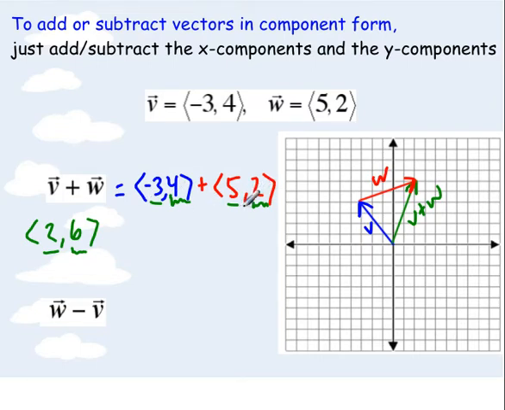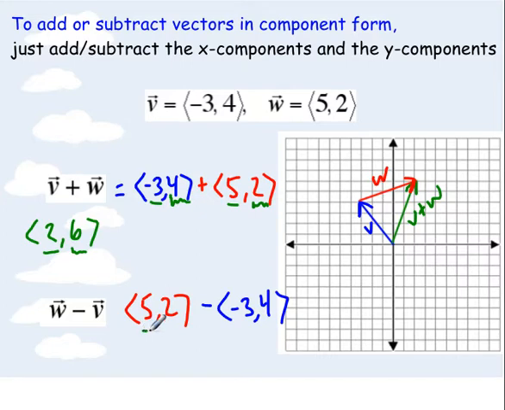Okay, so if you're going to have w minus v, we're going to have <5, 2>, and then we're going to subtract <-3, 4>. And it's just like distributing in the negative sign.